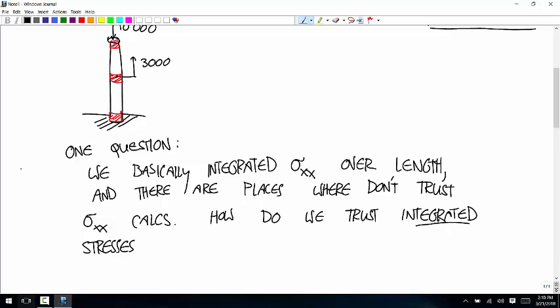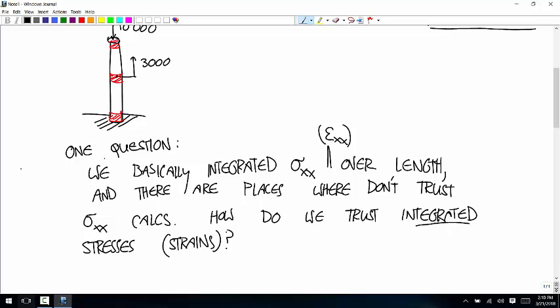I said integrated the stress, and really what we're doing is calculating the strain from that stress and then integrating that. Okay, so what do you think about that? Anyone have a smart answer?